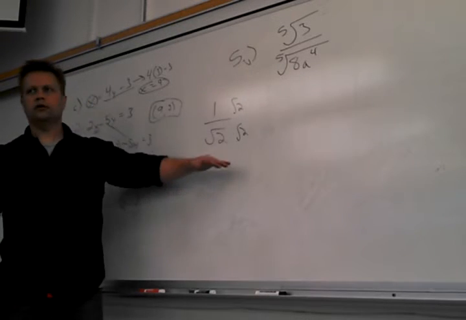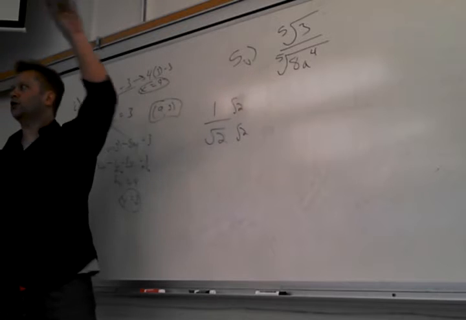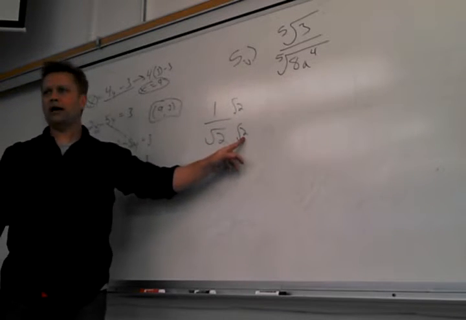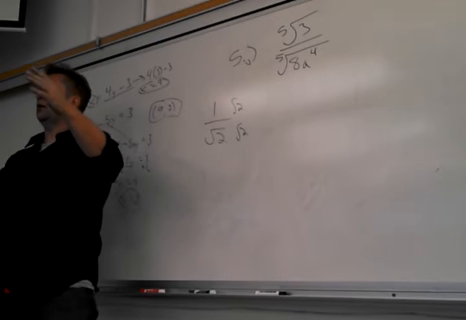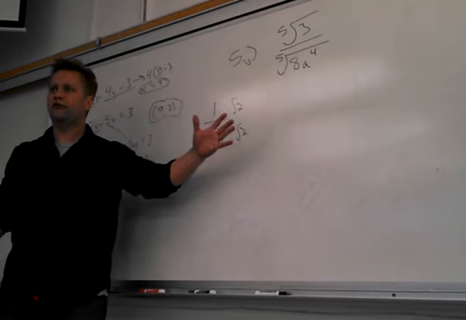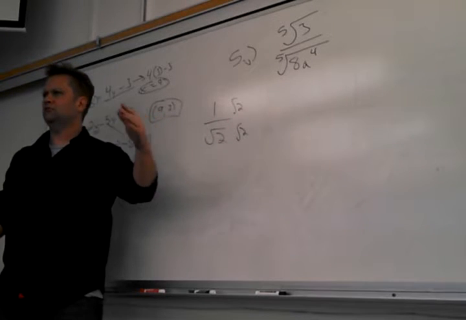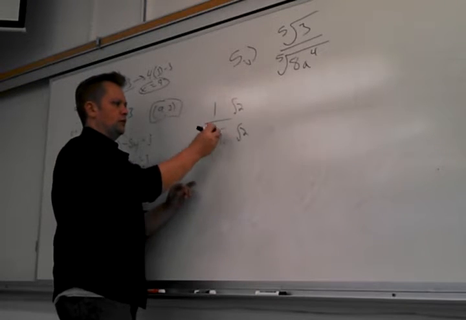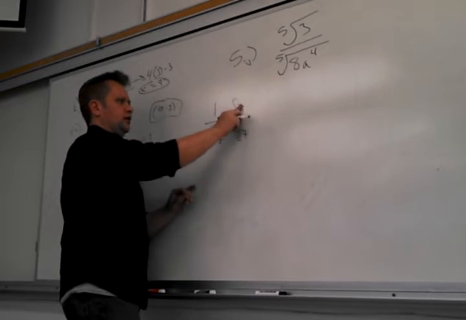Now, I started with a cube root because I wanted to show you the idea is not multiply by whatever's there. The idea is multiply by whatever's missing. So if it's a square root, it's missing itself. Which is a really deep psychological problem. So no matter what, if I had a 7, you would have given it another 7, right?